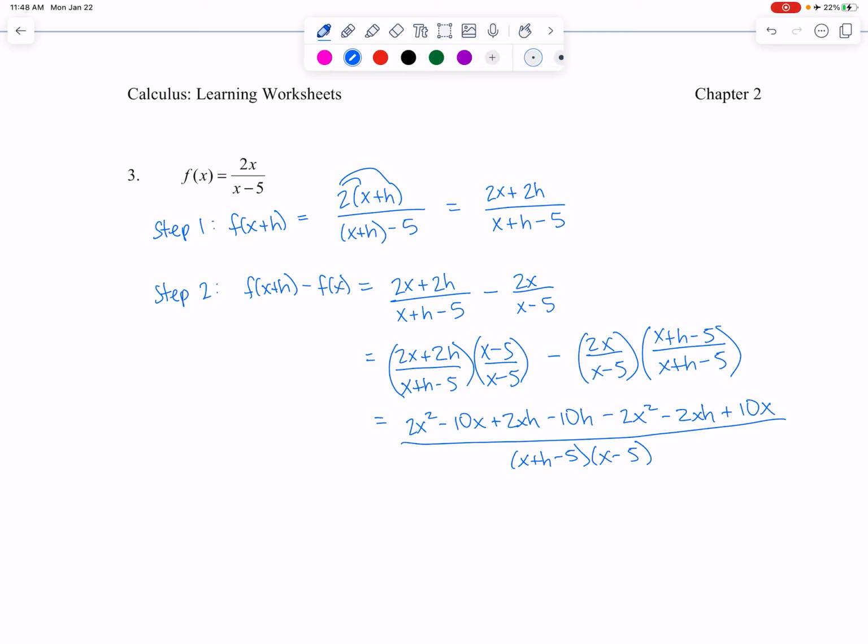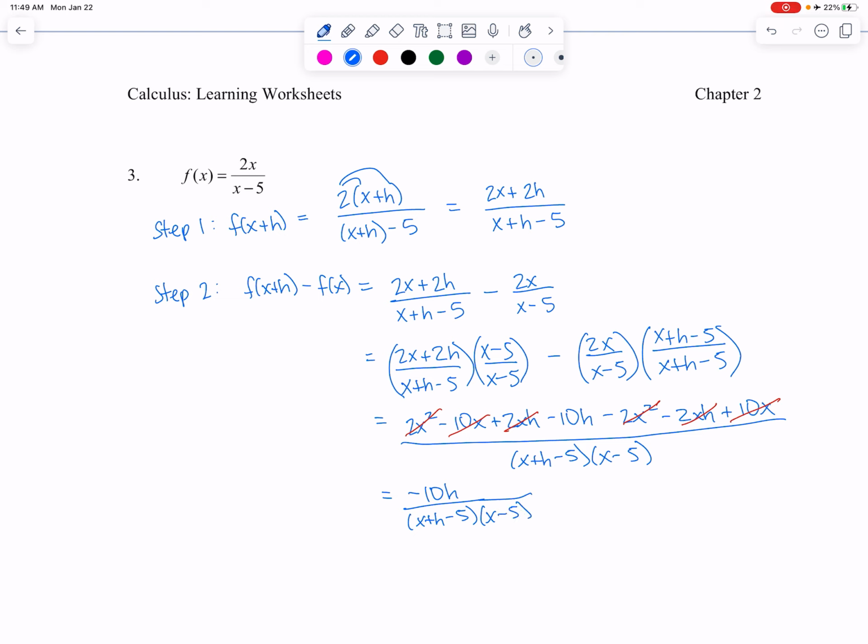Let's see if anything will cancel. 2x squared, negative 2x squared. 2xh, negative 2xh. Negative 10x, positive 10x. All right, so we've got negative 10h over (x + h − 5)(x − 5).